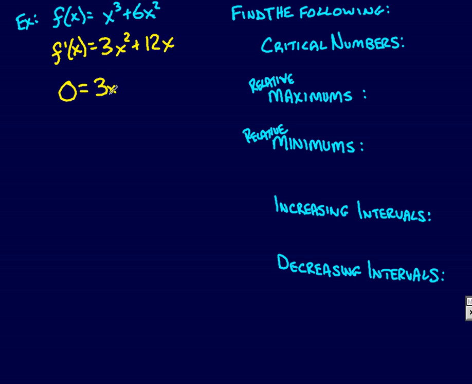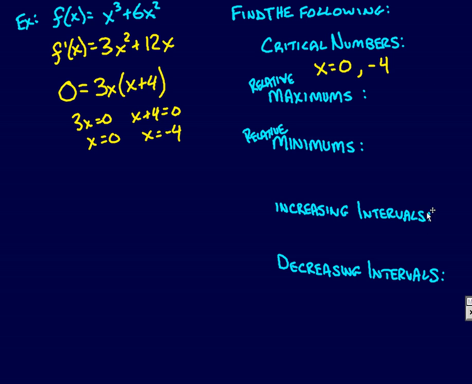So I can pull out a 3x, and I'll be left with x plus 4. That means my critical numbers will be when 3x equals 0 and x plus 4 equals 0, which means x will equal 0 and x will equal negative 4. Those will be my critical numbers here.